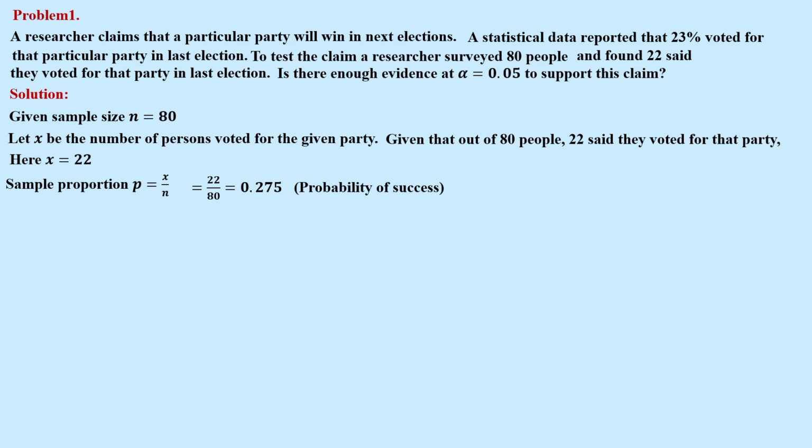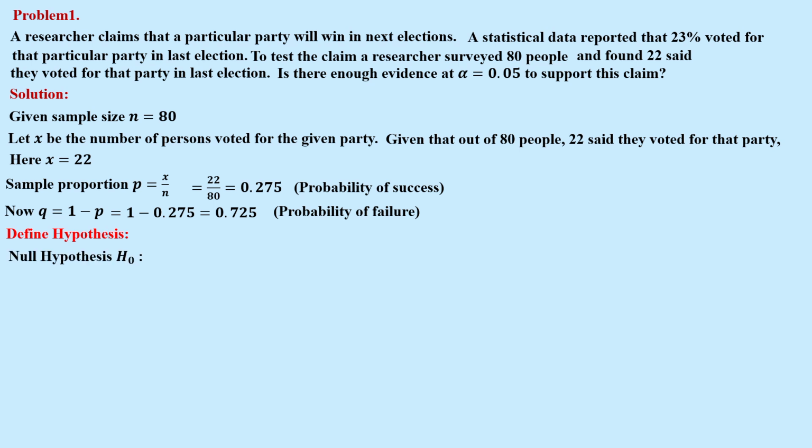Probability of failure, q is equal to 1 minus p, 1 minus 0.275, that is equal to 0.725. Now we are going to define the hypothesis. Null hypothesis H naught: 23% voted for that particular party.